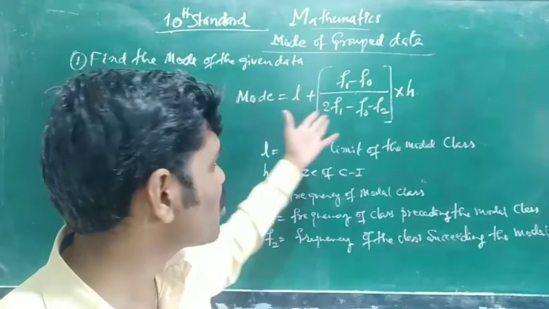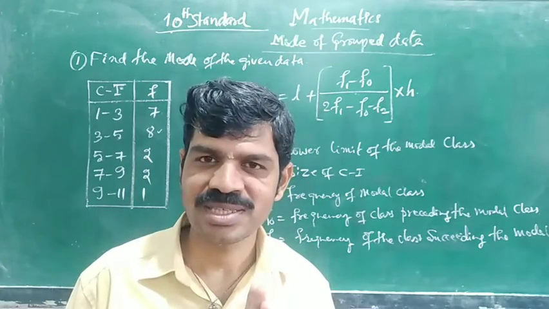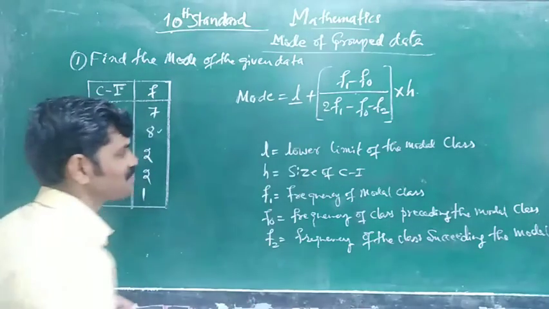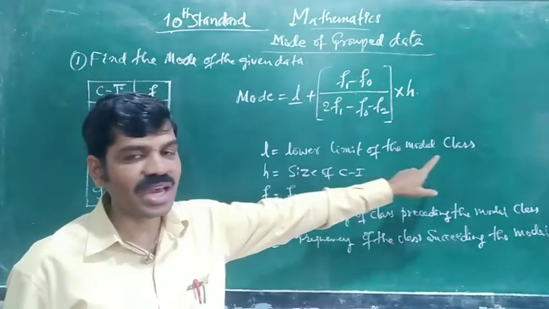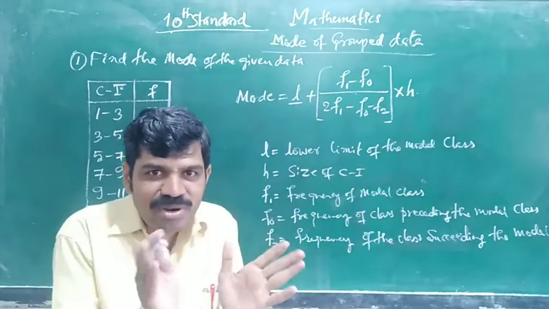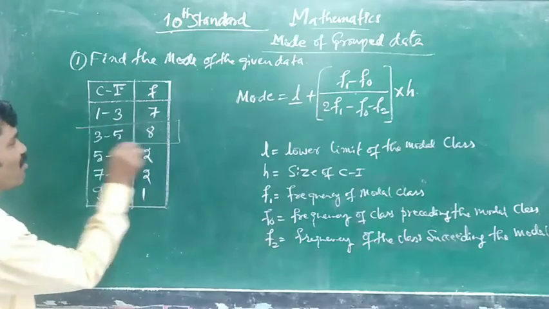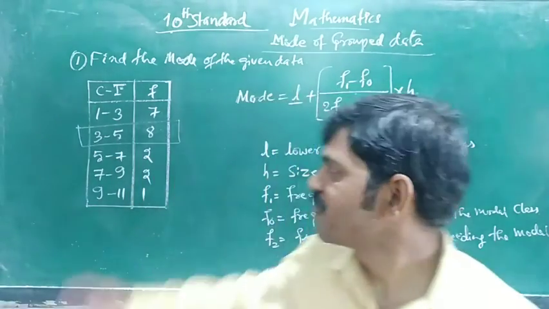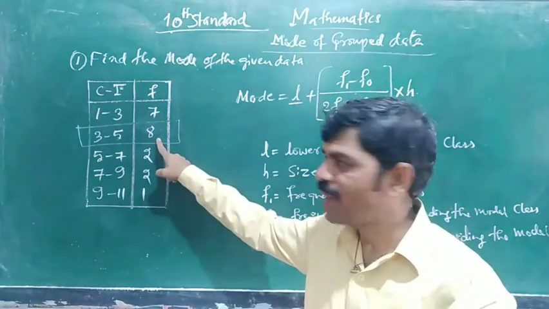What do F1, F0, F2, H and L represent? We discuss right now. See, L means the lower limit of the modal class. So what is the modal class? 8 is the number which is repeated the maximum number of times.